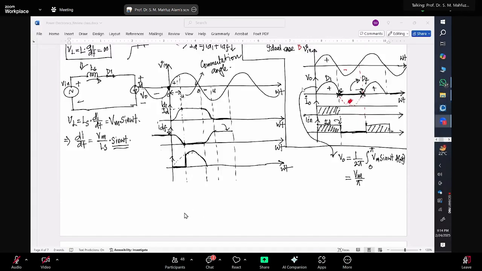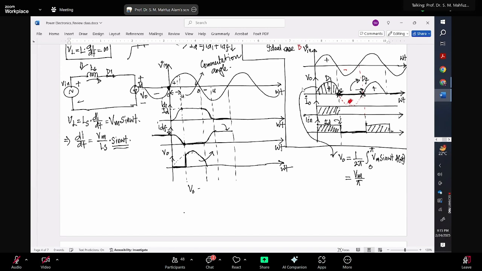Okay, so when you have the full waveform, then your output voltage was Vm over pi. So for this waveform, what would be the average value then? Whether it would be the same or reduced, what do you think? Reduced. So what should the average value be?